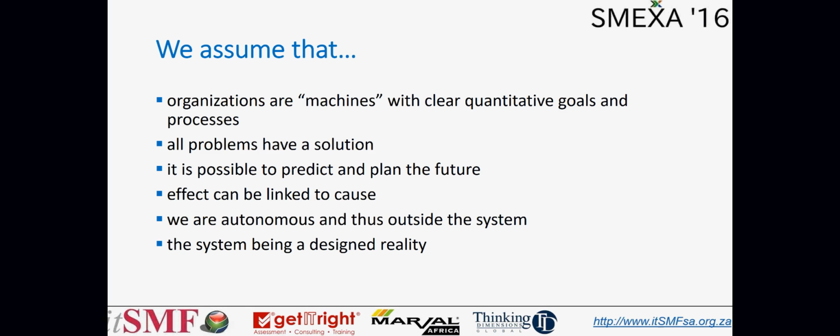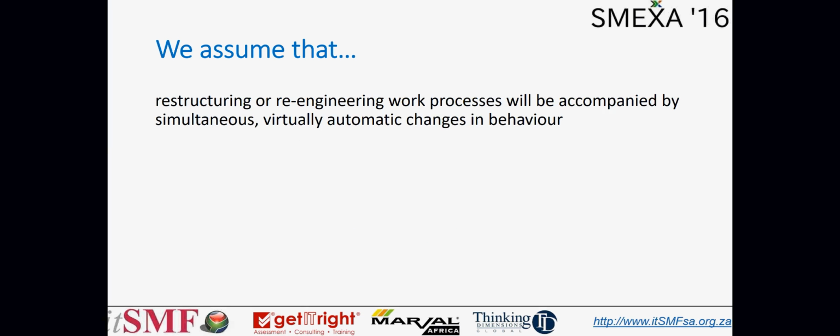So all these thoughts, linking effect to cause, getting the system to be designed reality, are all assumptions and steps we're taking, but they're unfortunately all mechanistic thinking steps. That means we're predicting that a certain action will have a certain effect, and that works well if you are in a controlled environment. Unfortunately, we don't always have that.